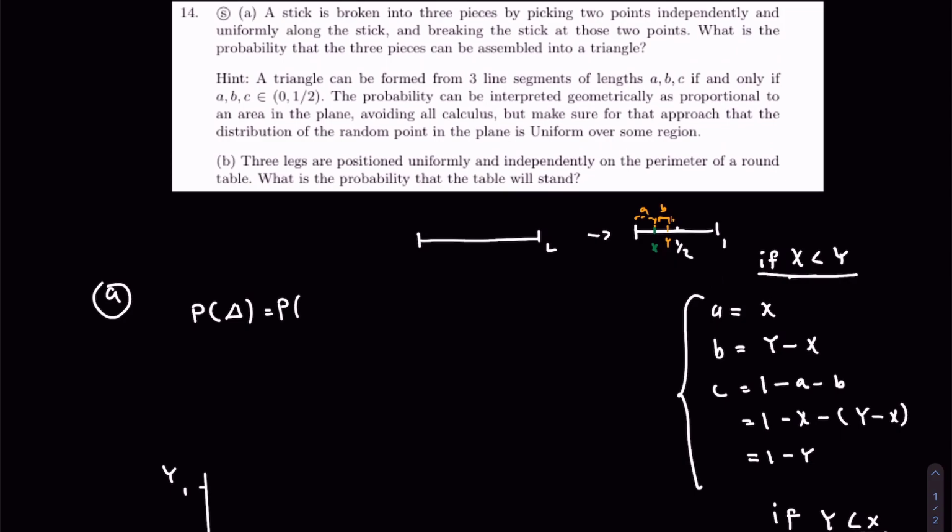Well, that's the same thing as A happening, so x being less than a half, B happening, which is y minus x being less than a half, and then C happening, which is 1 minus y less than a half. So we are looking for the event that respects this condition.